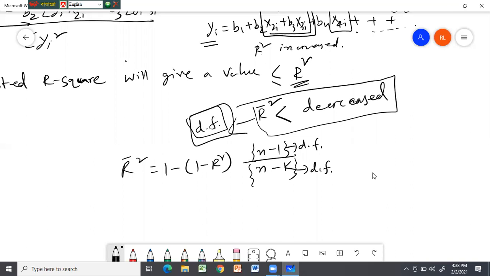I can add more and more explanatory variable unless the adjusted R square value started to be increased. যতক্ষণ পর্যন্ত না adjusted R square value increase করা শুরু করবে, তার আগ পর্যন্ত I am eligible to add more and more explanatory variable. আমি ইচ্ছা মতো explanatory variable add করতে পারবো মডেলে। But যখনই adjusted R square value has been started to be increased, that is the point I have to stop for adding more and more explanatory variable.